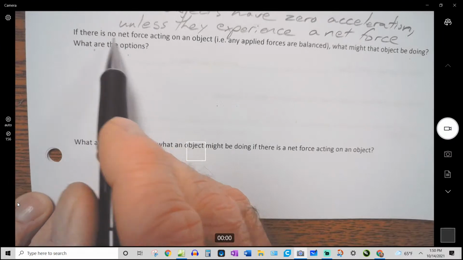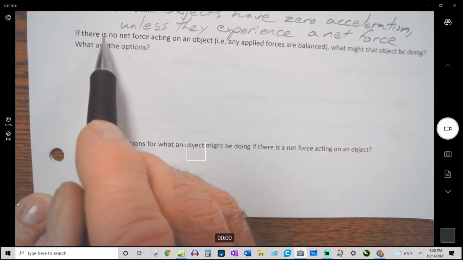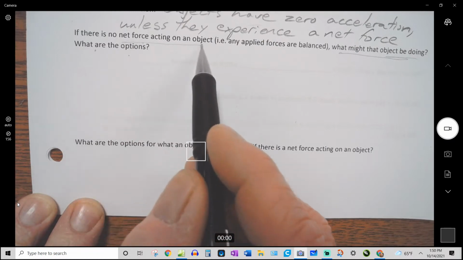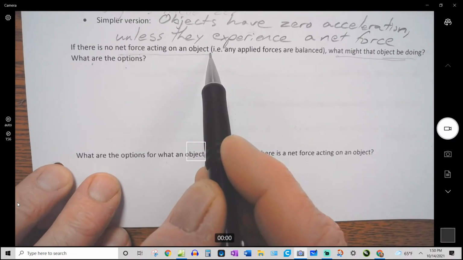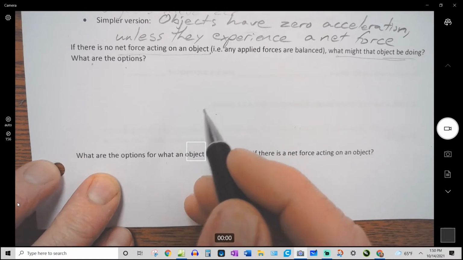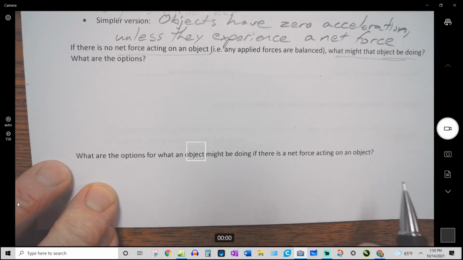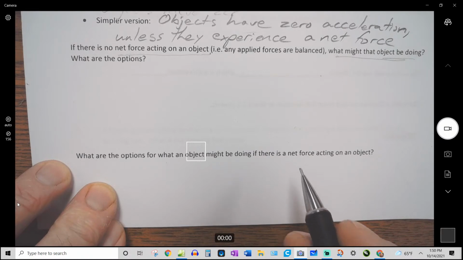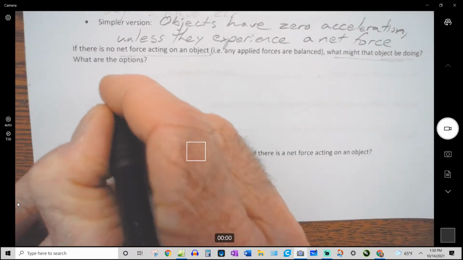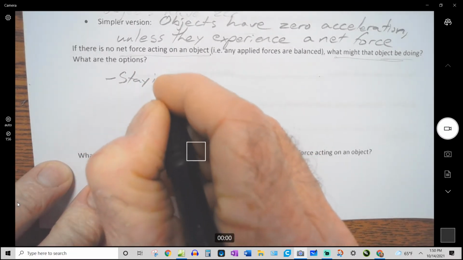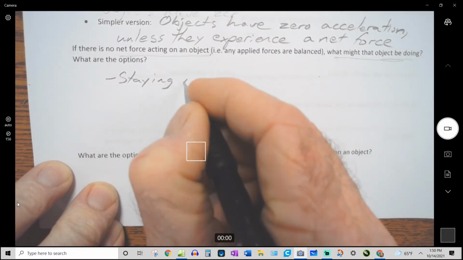Okay. This is just asking us to say, what could something be doing if there's no net force acting on it? So imagine my mouse. There's no net force acting on it. What are two possibilities for things it could be doing? Moving or staying still? Well, it could be staying still, but just saying moving would not be enough. Consistently moving.